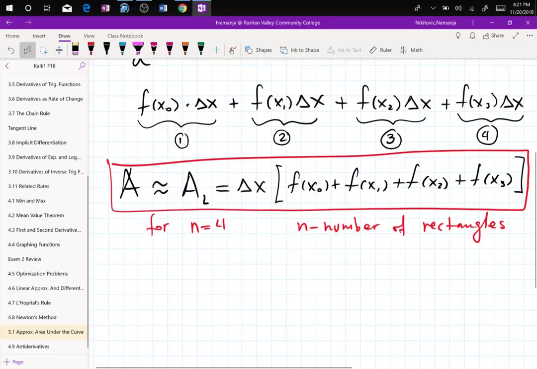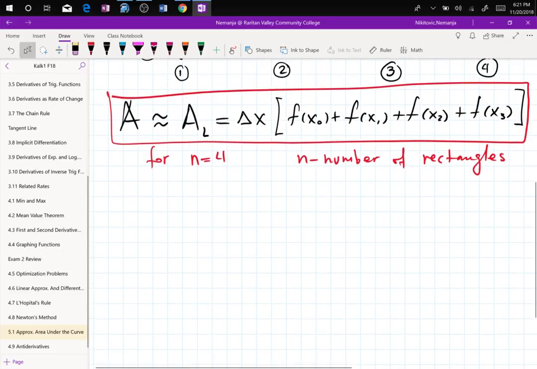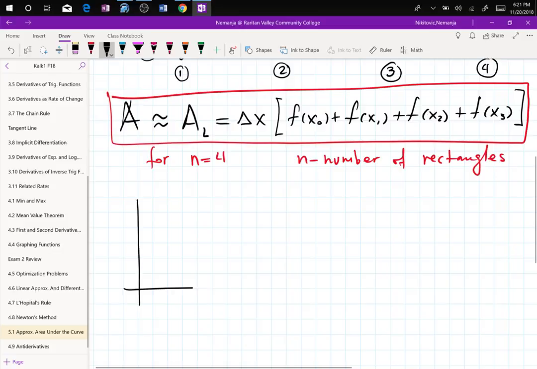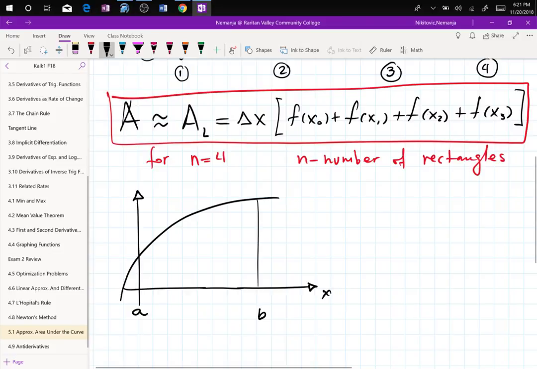We can also have the right sums. I am computing the area between a and b again, and this time I'm going to divide this and use right sums.